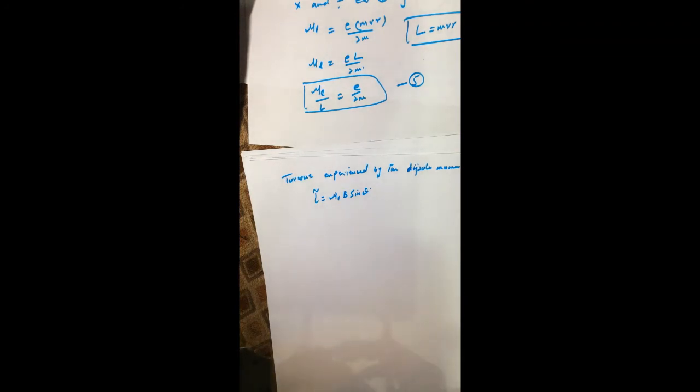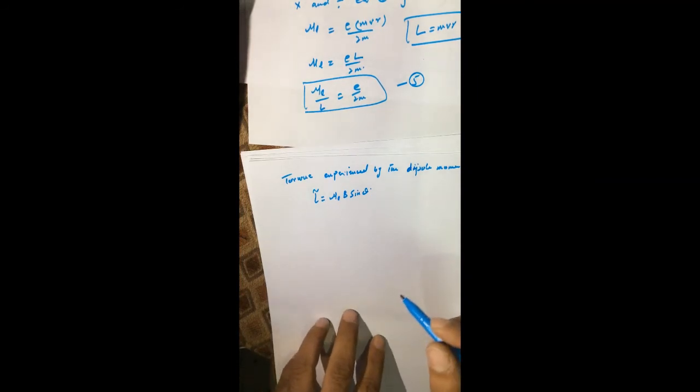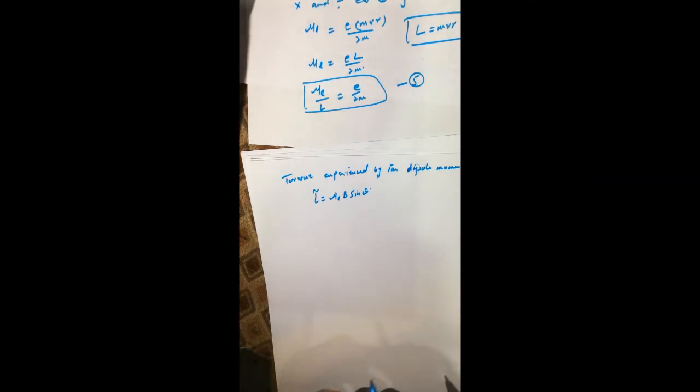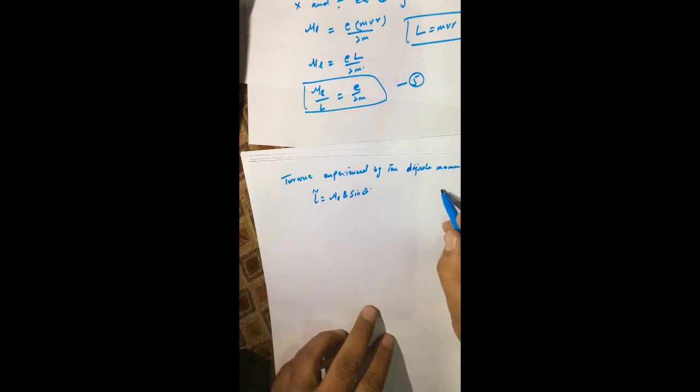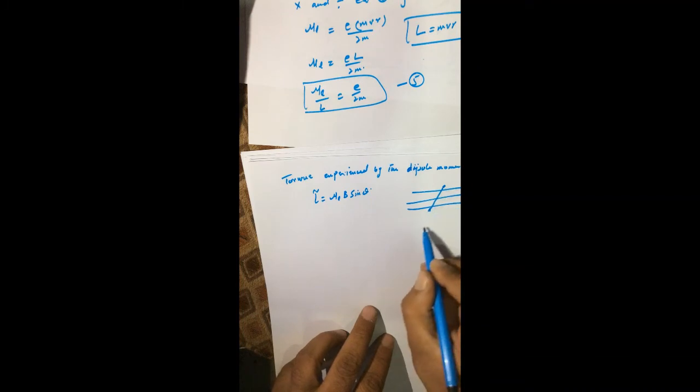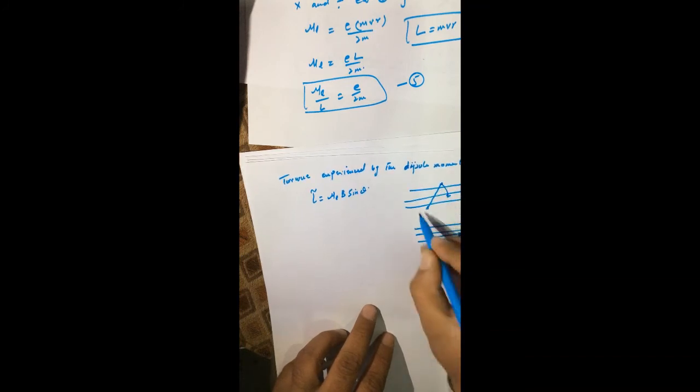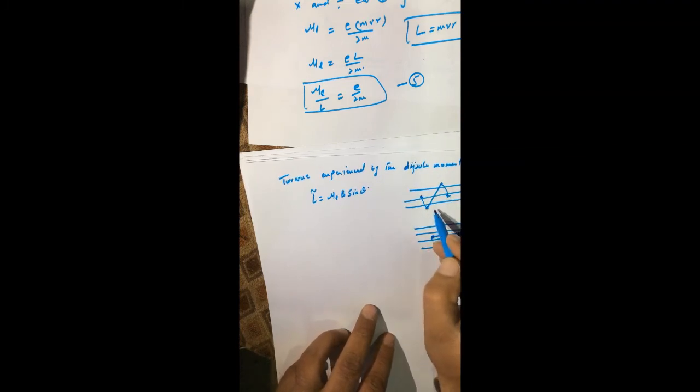Because we have a dipole moment, as we discussed in the dipole moment of electric charge, that when a dipole is placed in external electric field, then this dipole aligns itself in the direction of the field. So how can it align itself? It will rotate. So this will come in this way, and this will go in this way. So there is a torque produced in this dipole moment.